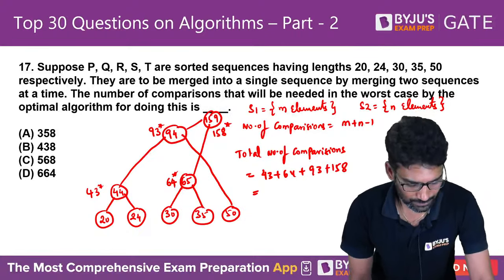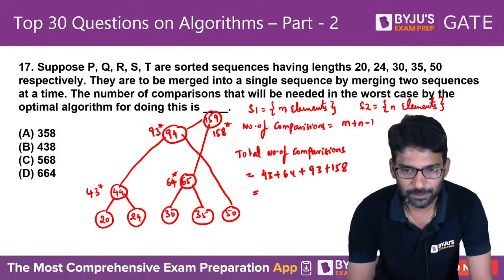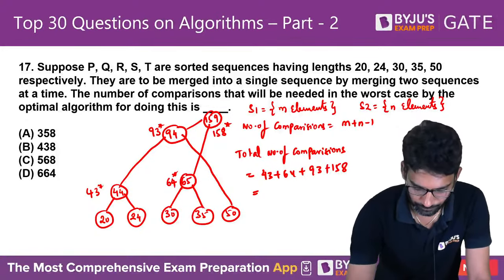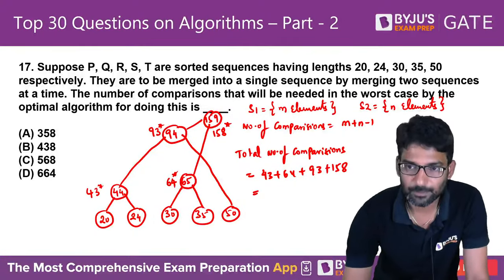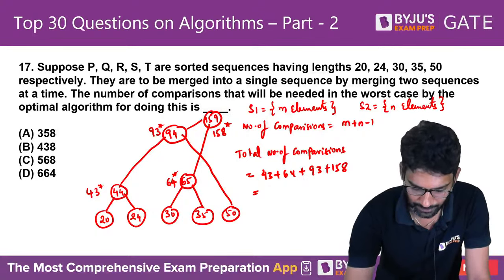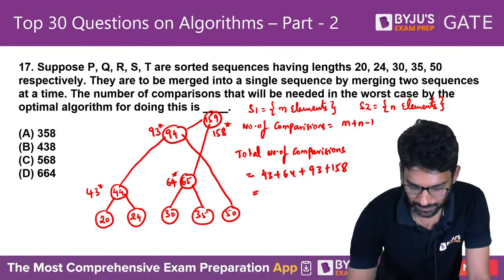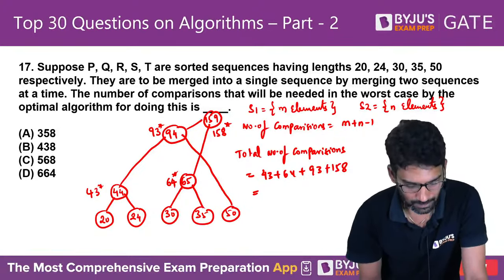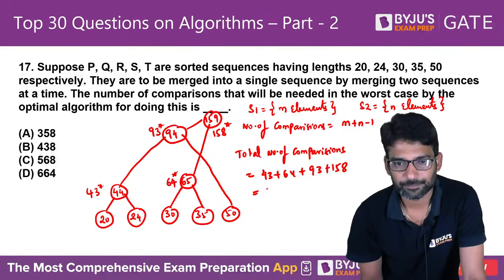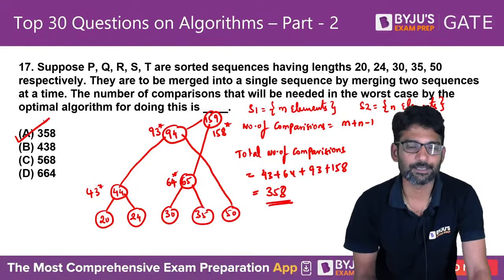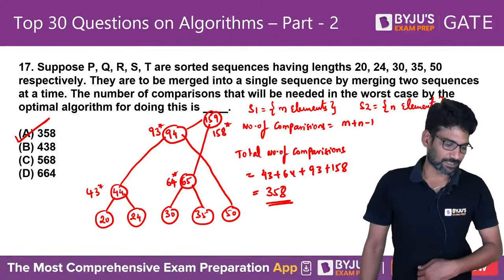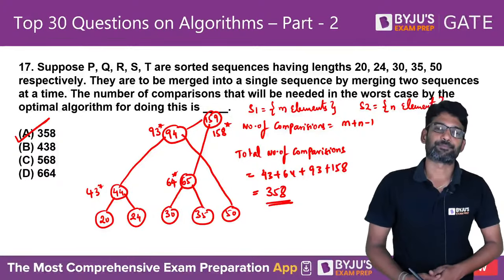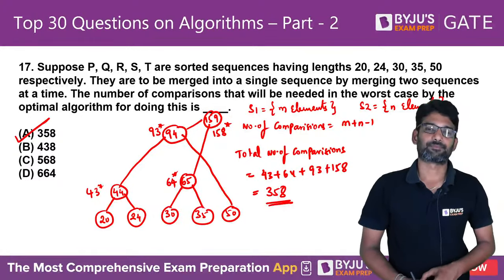Use the calculator. I am also using 43 plus 64 plus 93 plus 158. That is 358. So the right answer is option A. Option A is the right answer. Clear?